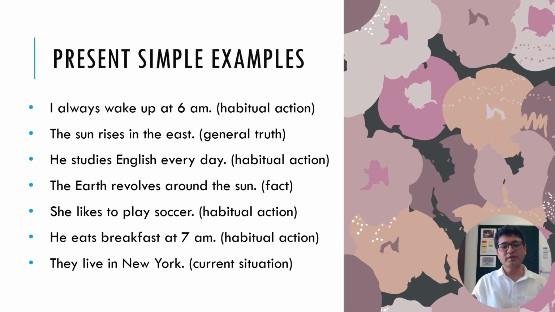He eats breakfast at 7 a.m. It's a habitual action. They live in New York. It's a current situation. So whenever you have to express a habitual action, general truth, a fact, or current situation, you'll use present simple tense.